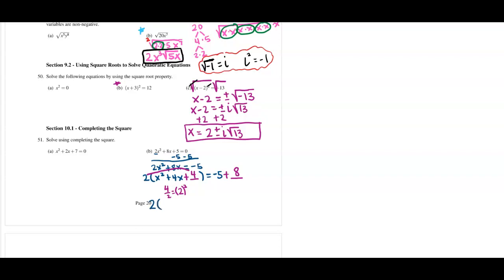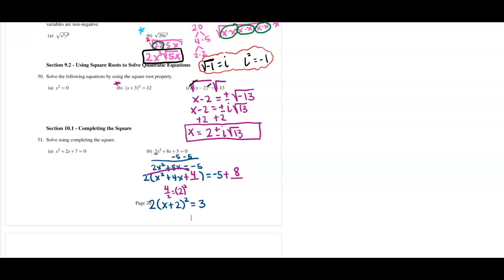And then this x squared plus 4x plus 4 is going to factor to be x plus 2 all squared, right? Because that's going to be x plus 2 times x plus 2. And then equals, and we've got positive 3 on the other side there.